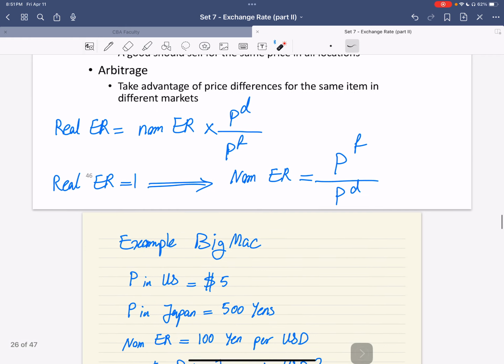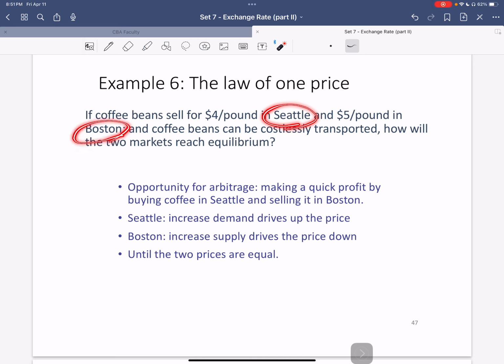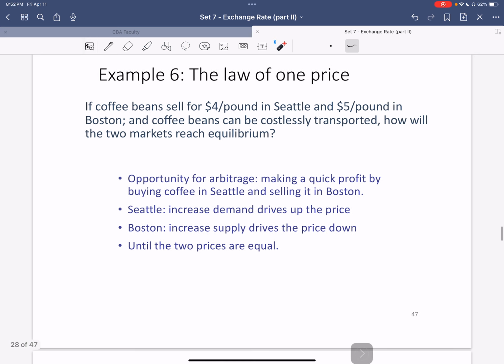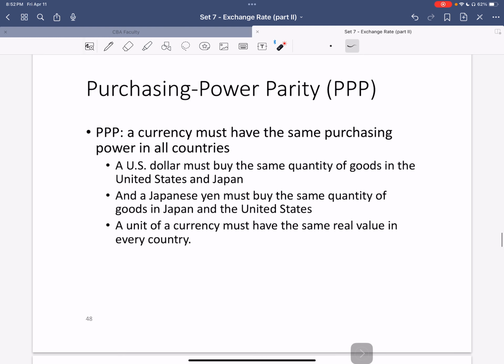Over there we were talking about two countries. Here I'm just talking about two cities. This is what arbitrage means. We buy at the cheaper place and take it to the expensive place until the two prices become exactly equal. And that is what purchasing power parity says.